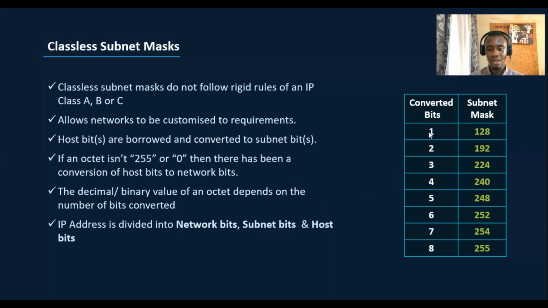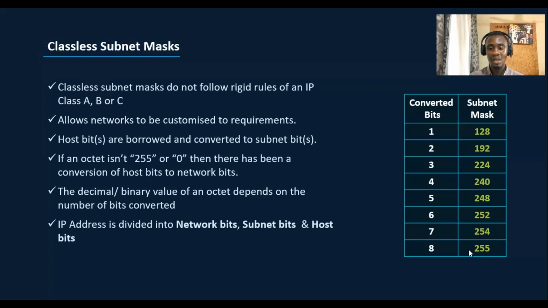And this is a chart to show the number of bits that you convert from zeros to ones and its corresponding subnet mask value in decimal. So this will be very relevant as we go on. So if you convert just one bit, you have 128, 2 will have 192, 3 will have 224, 4 will have 240, 5 will have 248, 6 will have 252, 7 will have 254, and 8 will have 255.